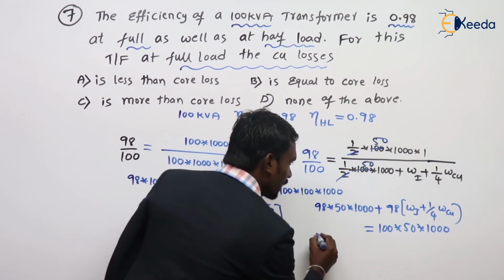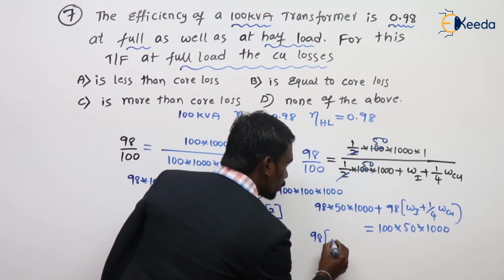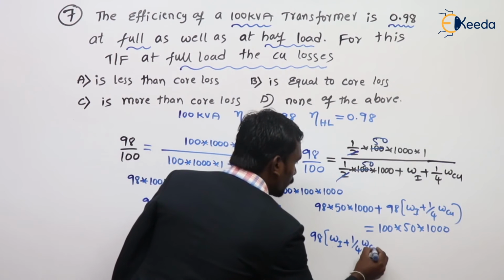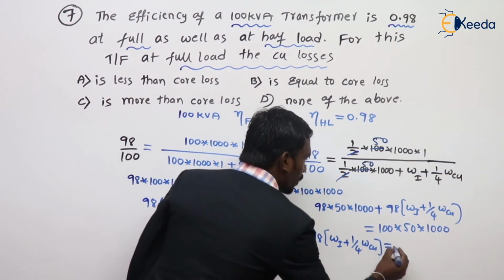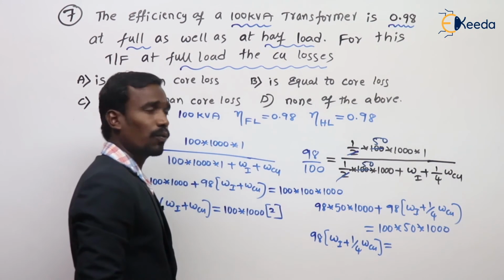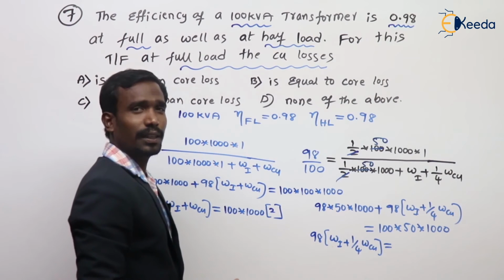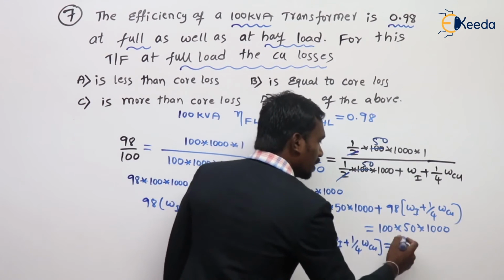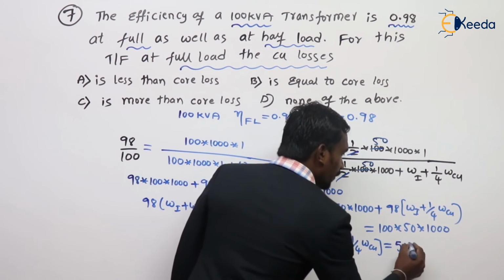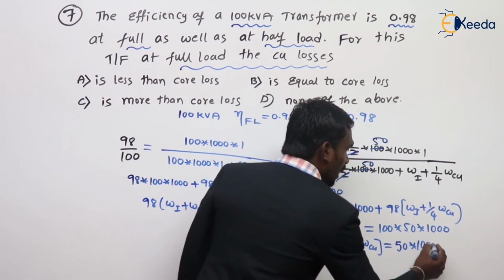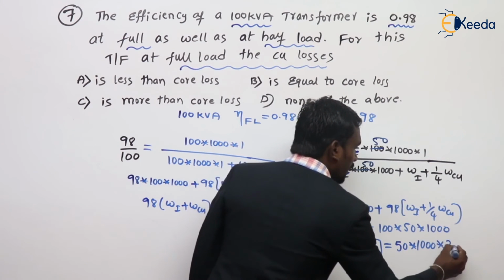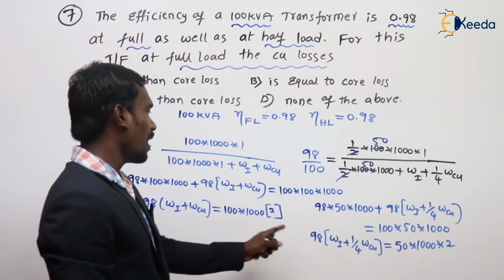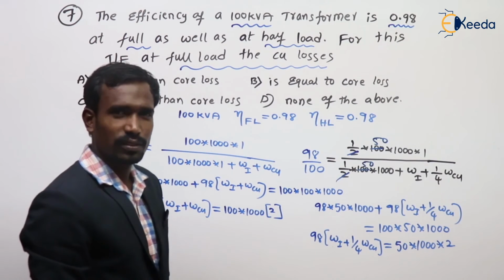What is the answer here? Bring this one to this side. So the same 50 into 1000 is common, and 100 minus 98 is equal to 2. We have to solve these two equations.